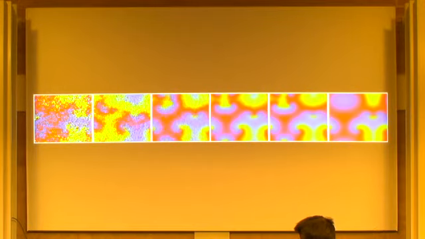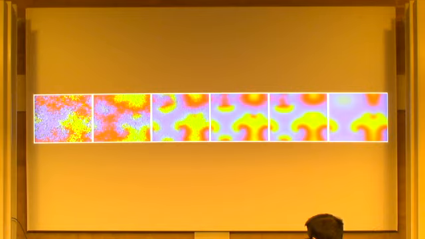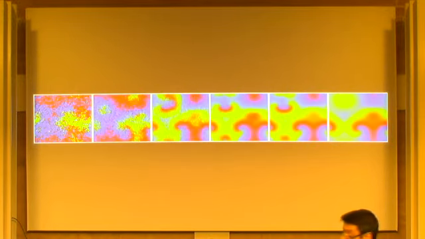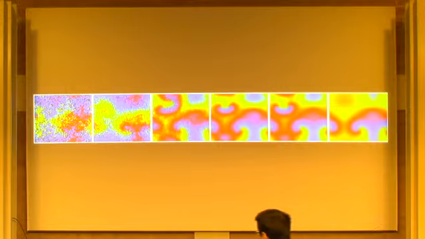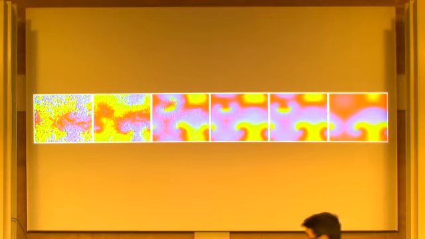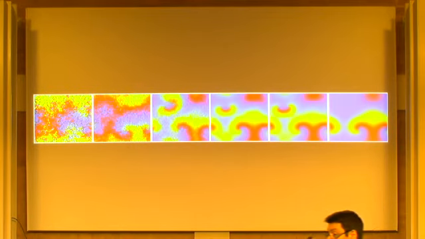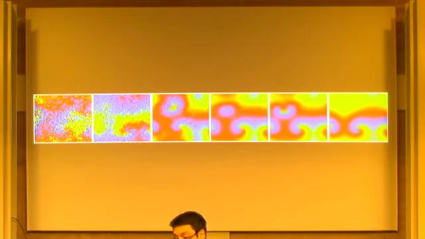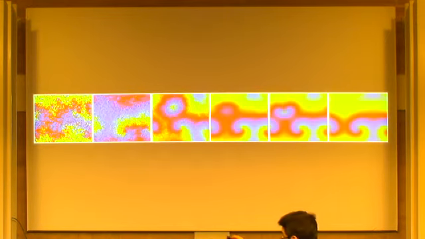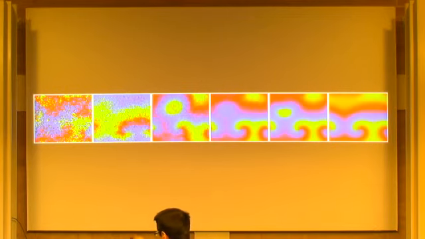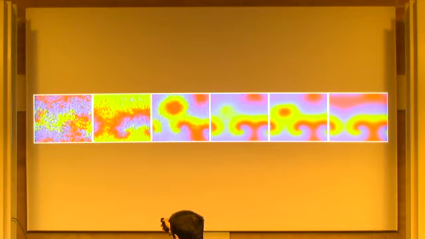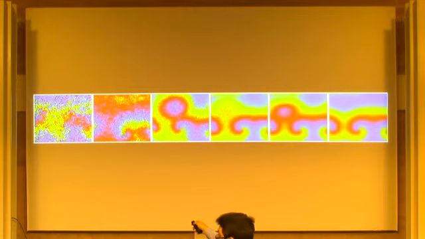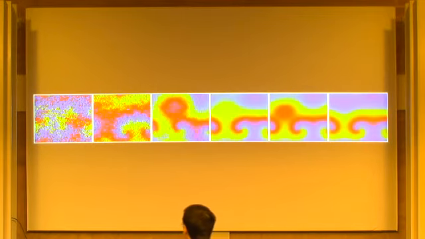So n is 4, 16, 64, and so on and so forth. And here, this is the PDE. You see that when we increase n, visually, this really resembles what the PDE predicts. Obviously, when we have just 4, the expansion doesn't make much sense, and we have these noisy patches, even though already when you have 16, we can argue that we see some sort of spiraling patterns here.